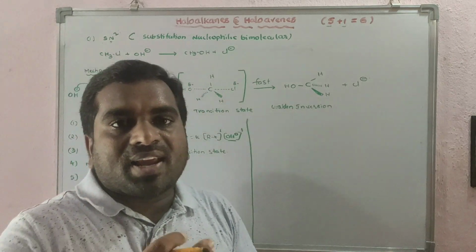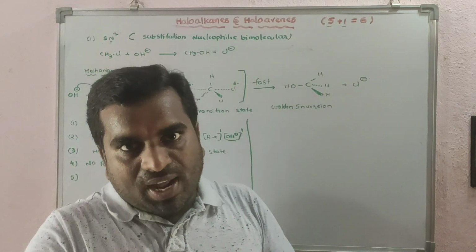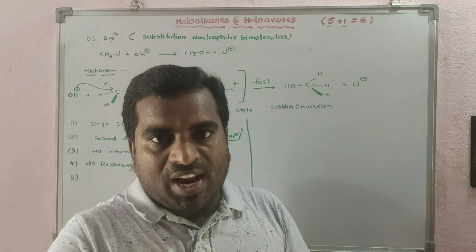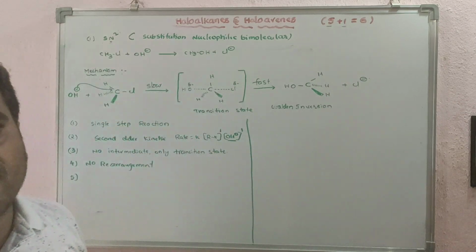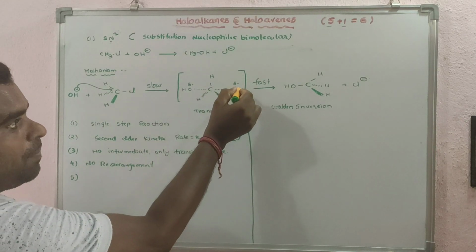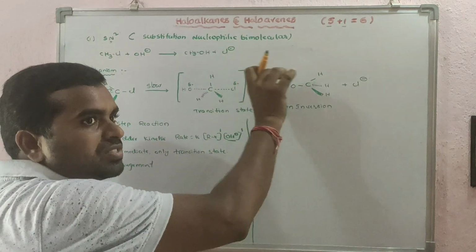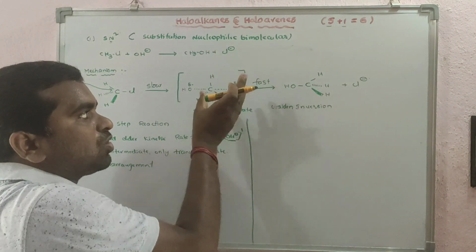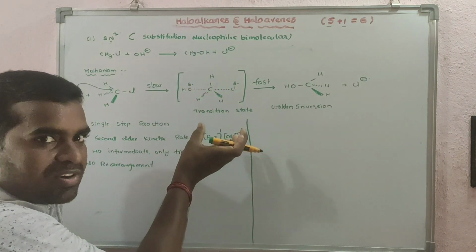Means alkyl halides with an electron withdrawing group increase the rate of SN2 reaction. Why? Because you already know that if electron withdrawing groups are present here, that electron withdrawing group will withdraw the electrons. If it withdraws the electrons, negative charge concentration decreases in the transition state.